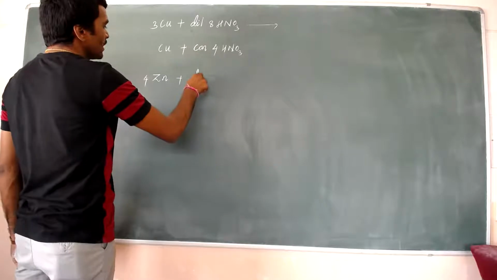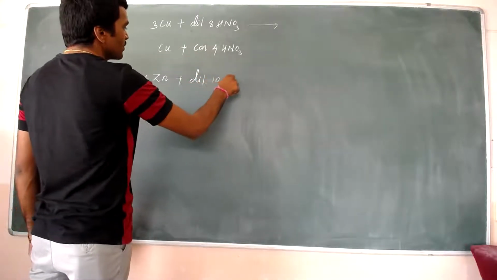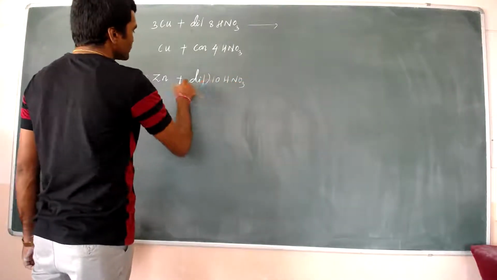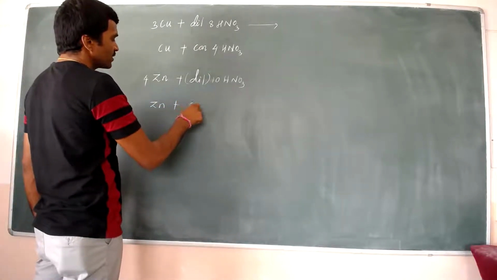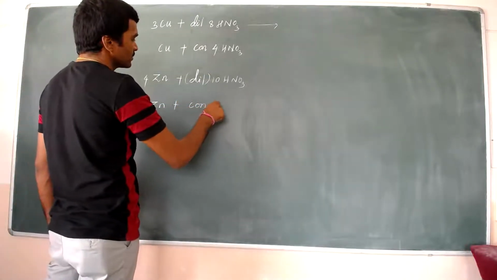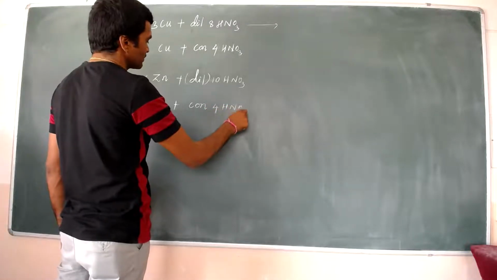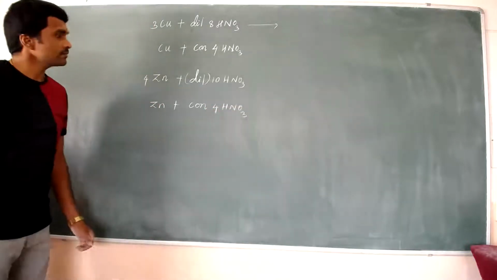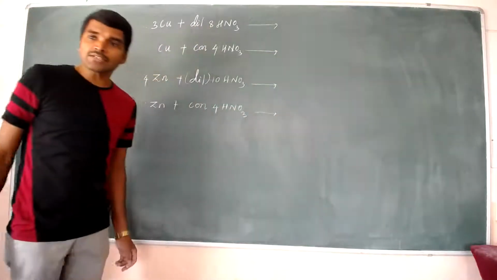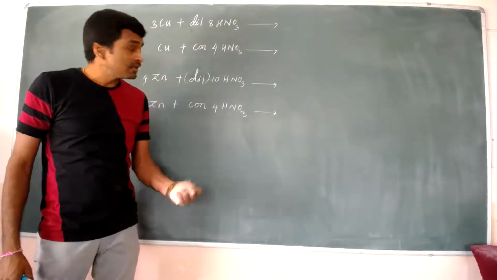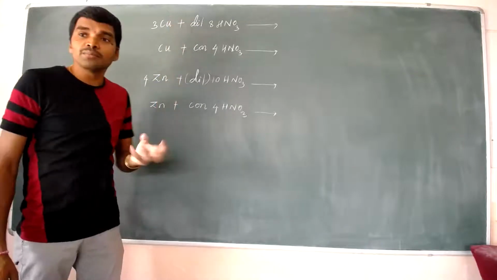Diluted, 10 moles of HNO3 with zinc, and concentrated, 4 moles of HNO3. Nitric acid reacts with these copper and zinc metals.